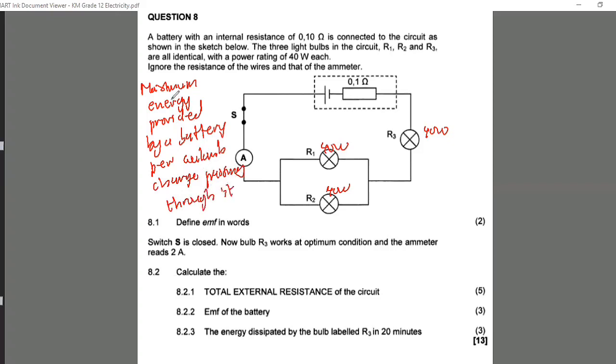So that's EMF. You define it as maximum energy provided by battery per coulomb charge passing through it.